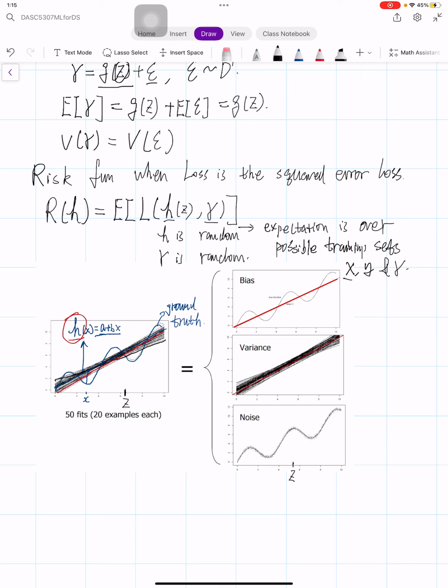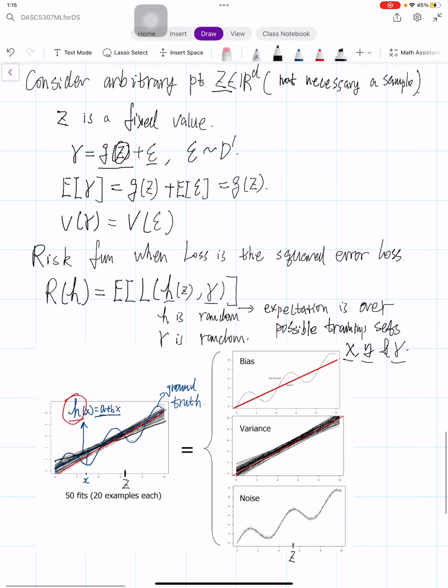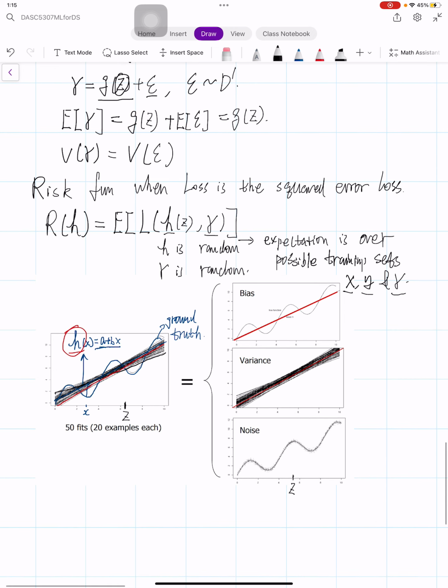X, Y you can think is observed value. Gamma is a predicted function value at the fixed point z.